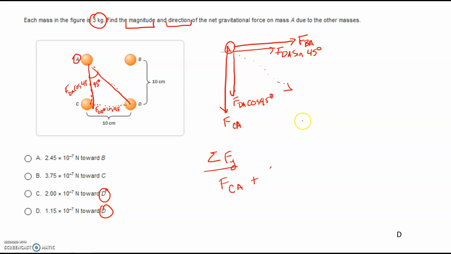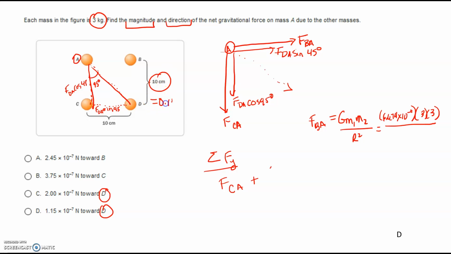So what we have is the force of B on A is equal to G m1 m2 over r squared, which is 6.67 times 10 to the negative 11th. That's a constant, times 3 times 3 over, and this 10 centimeters, we have to convert that to meters, so this is squared.